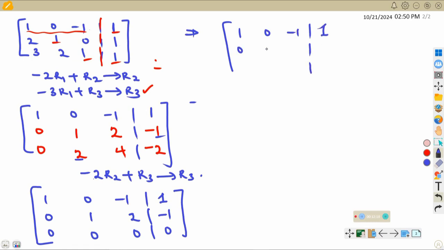We shall have 0, 1, 2, negative 1, 0, 0, 0 and 0. So when we look at this, we can see that this is now in row echelon form.